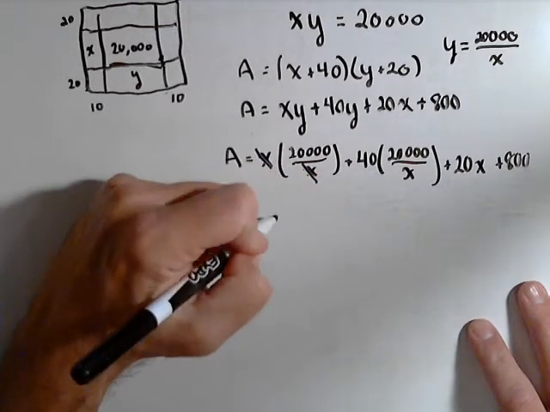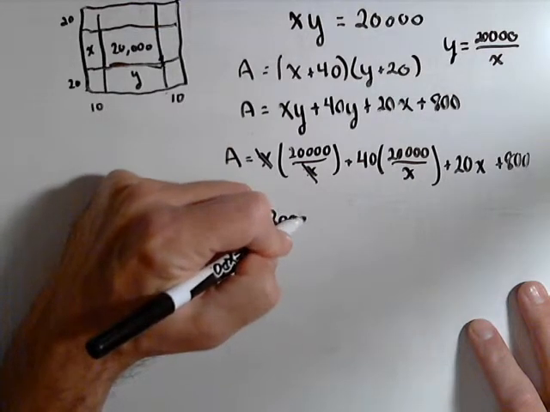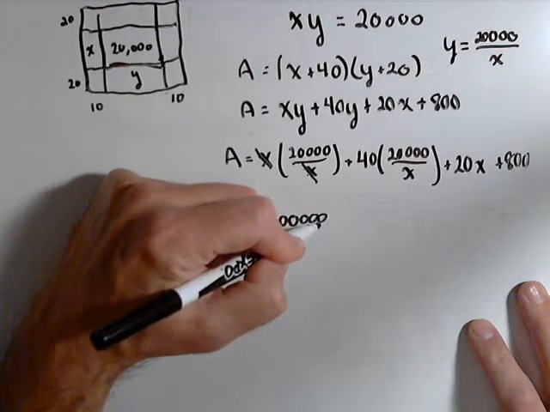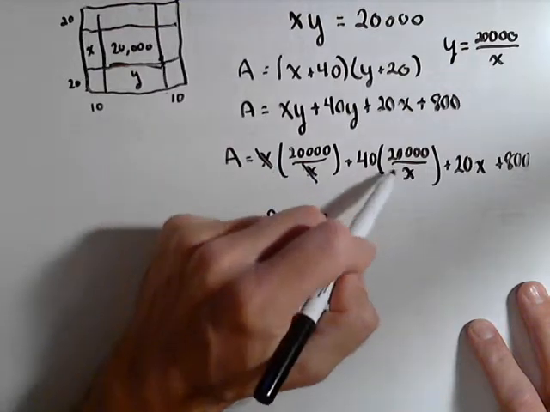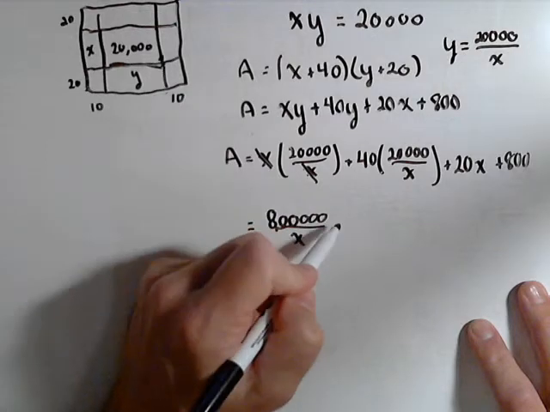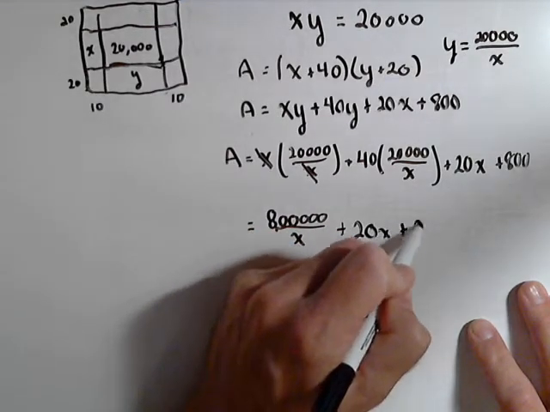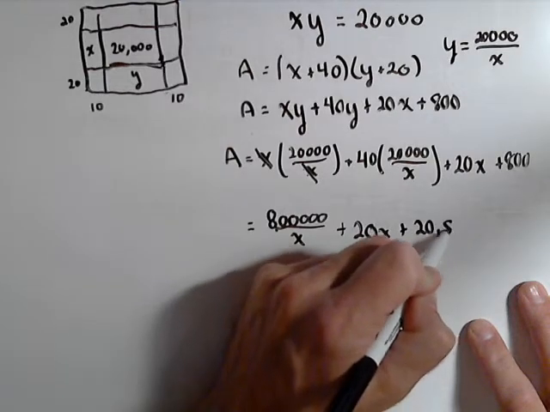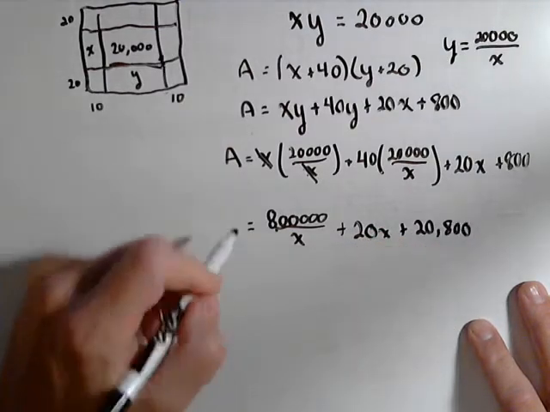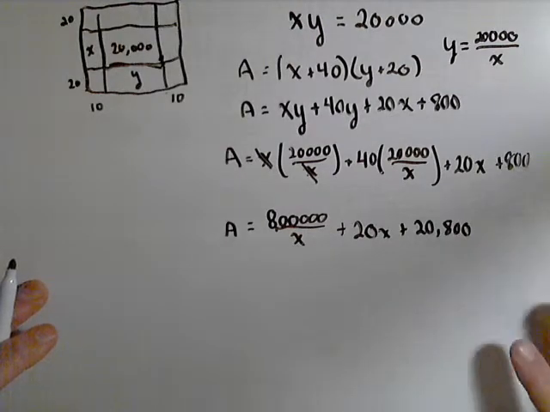So we have 800,000 over x, so that comes from that term. I'm going to add the 20,000 and the 800 together at the end, plus 20x plus 20,800. So that's my area.